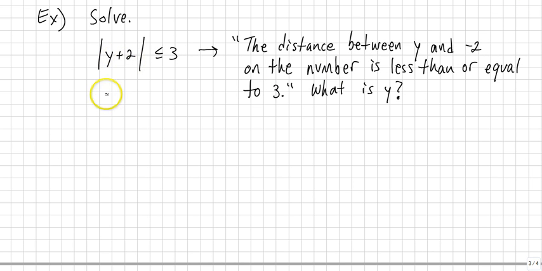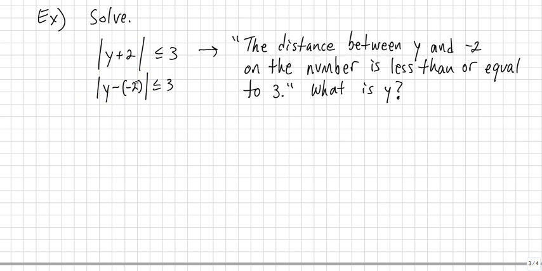So this would be y minus negative 2. We know that minus and negative is really plus. So now it's y minus our number, negative 2. With that minus in there, it's the distance between y and negative 2. So if you have the variable plus something, just rewrite it so it's minus. That way we know it's the distance between this and this.